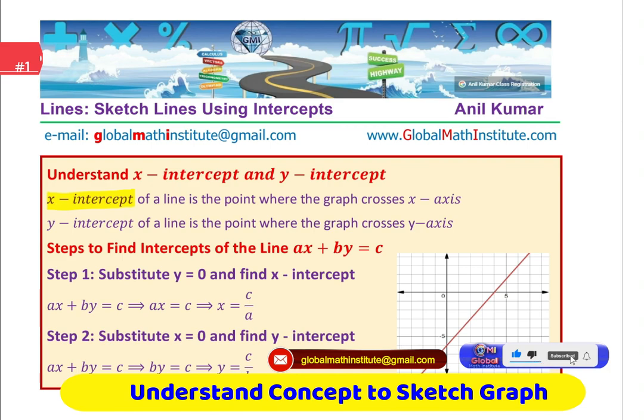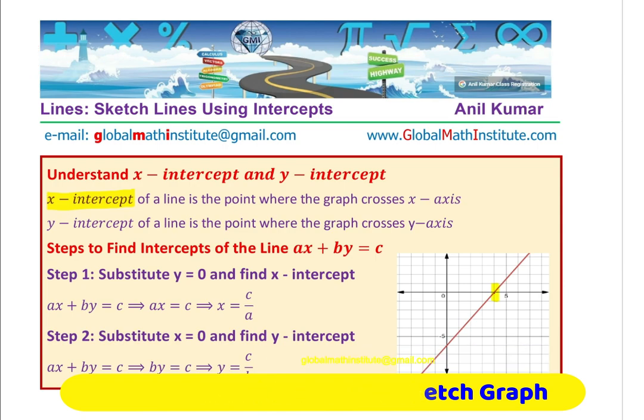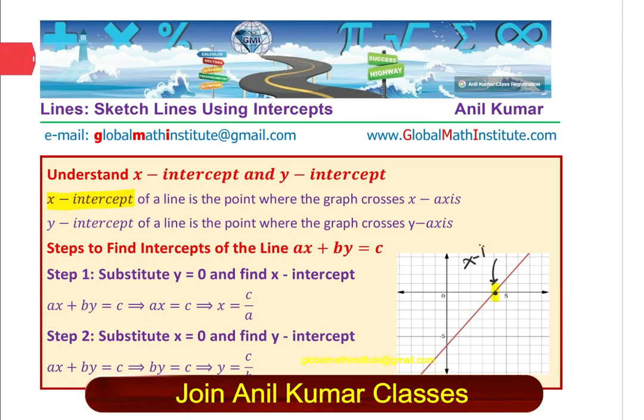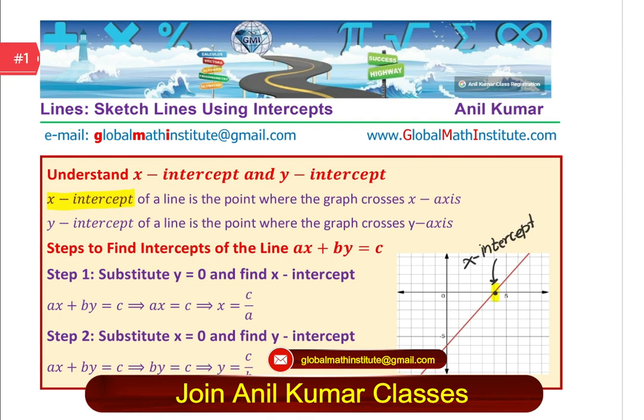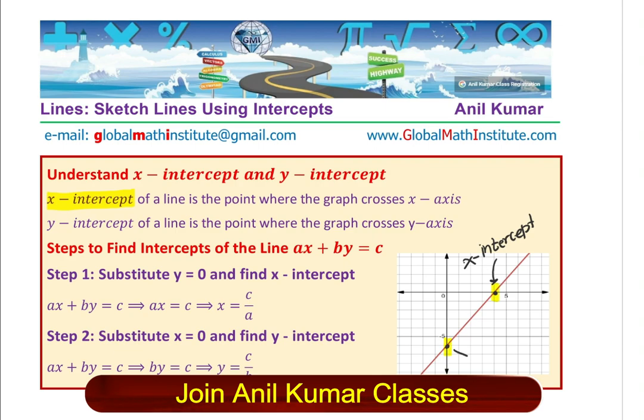So if that is the line given to us, then the point which I am going to highlight and mark now is your x-intercept. As you can see, at the x-intercept, the y value is 0. The other point where the line crosses the y-axis is called the y-intercept.